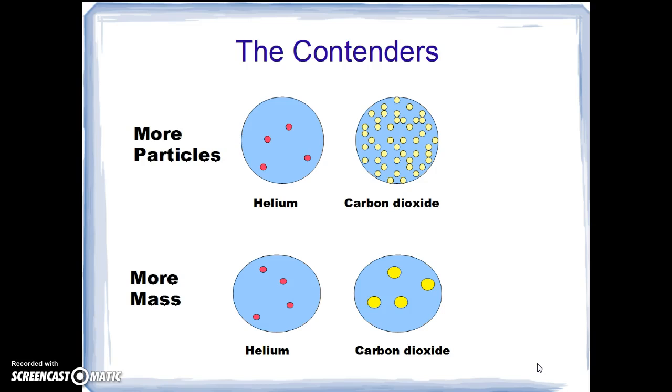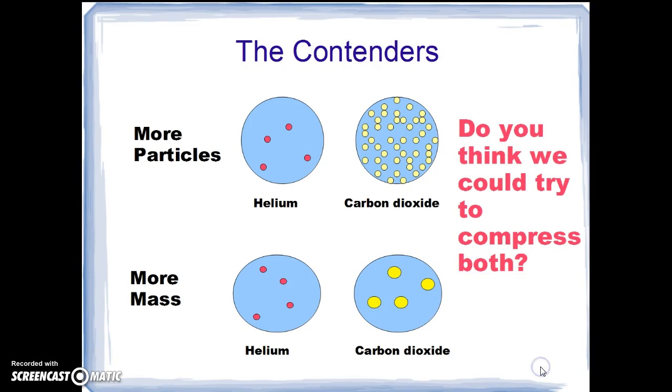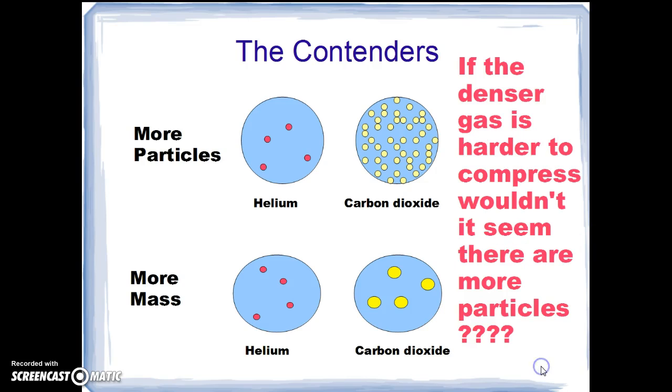How can we tell the difference? Which one will win? Well, let's try to compress both gases, both the denser gases and the not so dense gases, and let's see if they compress differently.